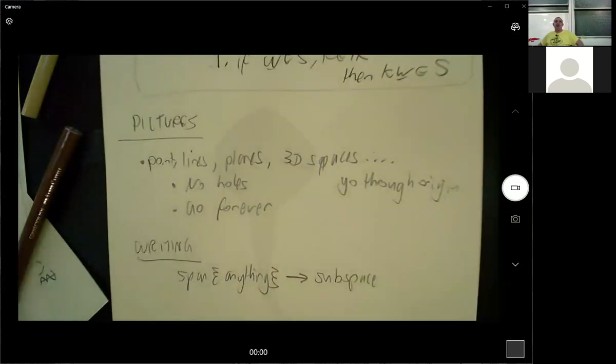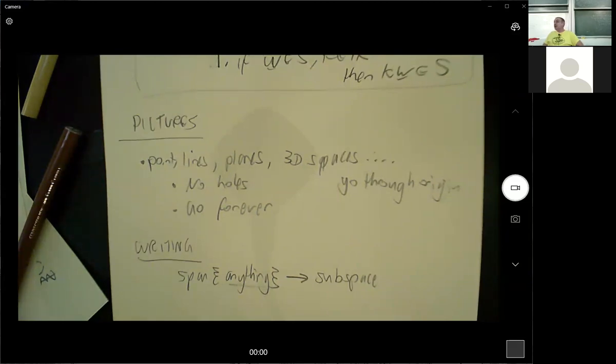Span of anything is always a subspace. It makes not the slightest difference what vectors are in here. You could have 20 of them if you like. They don't have to be independent. They're allowed to be multiples of each other. You're allowed to have the 0 vector. It doesn't matter. Whatever you have here, it is always a subspace. Guaranteed.